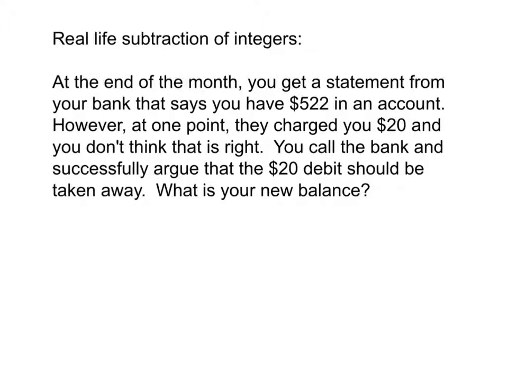If you were to write that in a mathematical equation, you started with $522. And you want them to take away that negative $20 that they charged you. Well, if they took that away, they're actually going to add $20 more to your account.